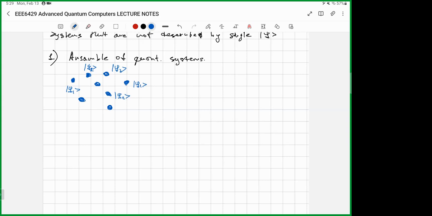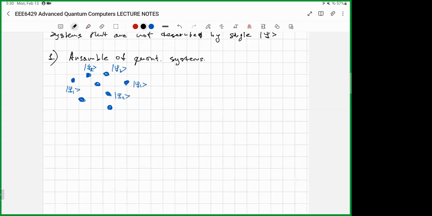Like in a gas, we cannot keep track of all the single molecules. What we can talk about only are the probabilities of finding a particular subsystem in a particular state.